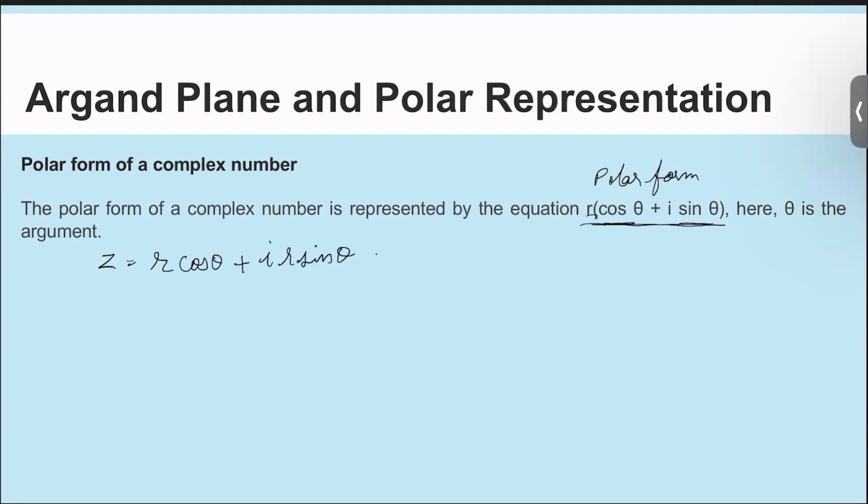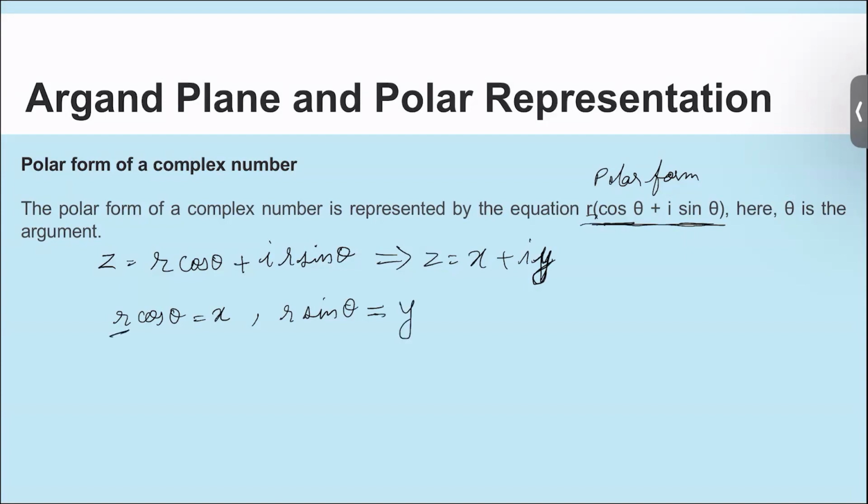This represents the general form x plus iy. So r cos theta is the real part of the complex number, and r sin theta denotes the real coefficient of the imaginary part, that is y.